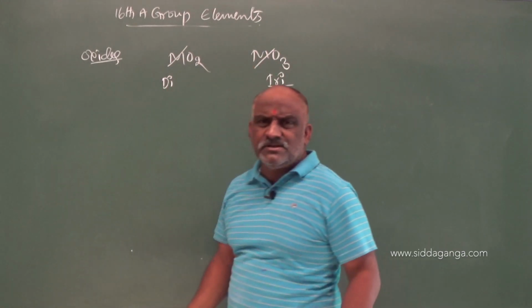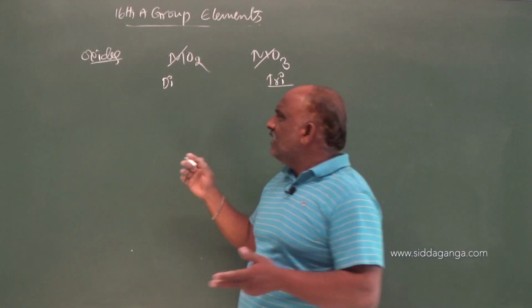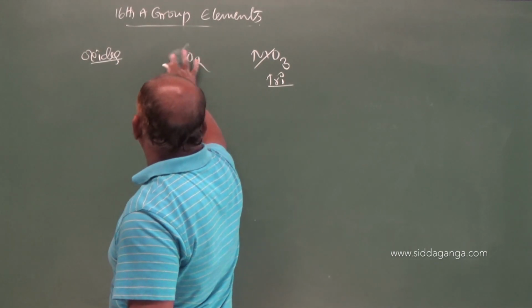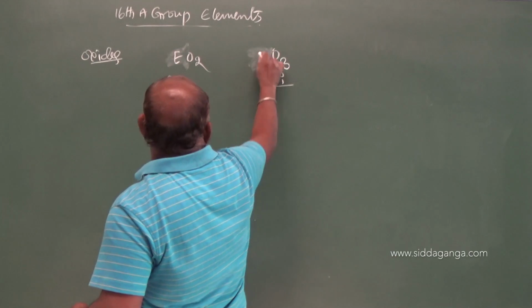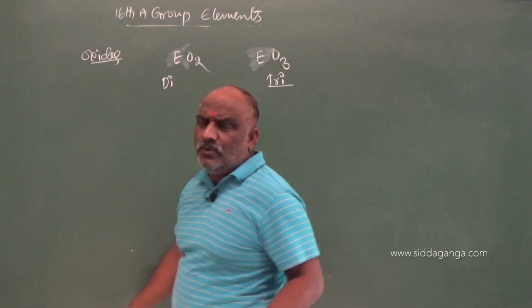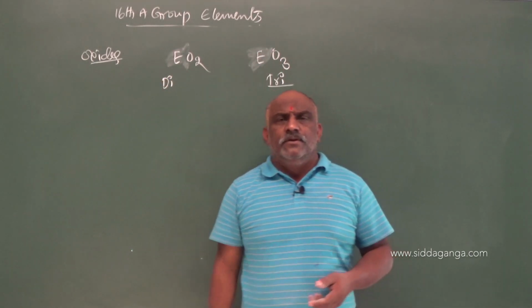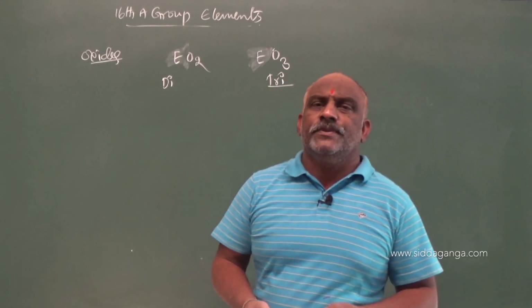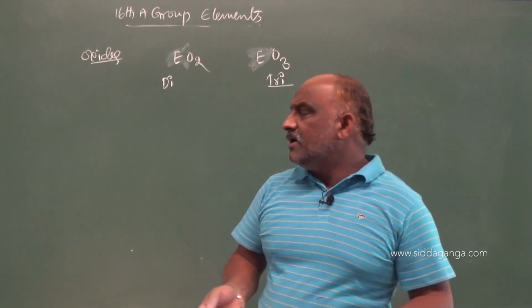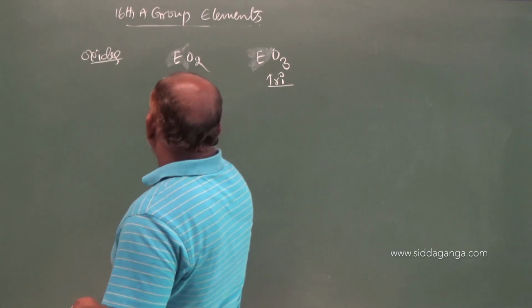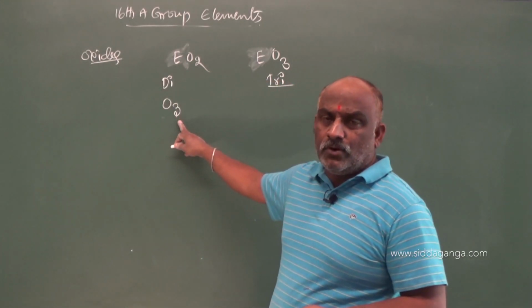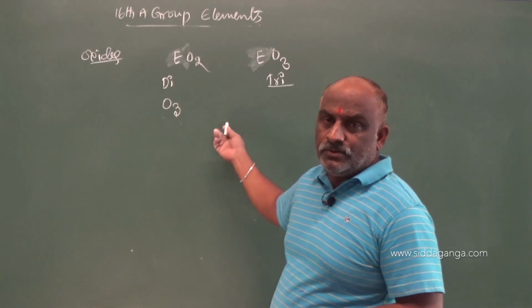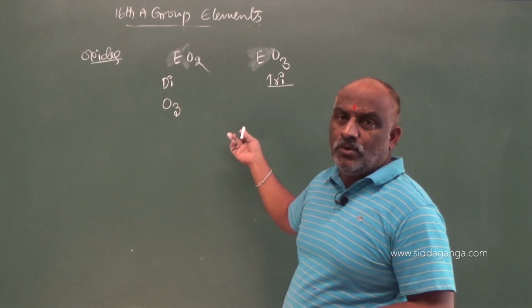Generally we consider M as metal, but here don't use M; instead take E, as in EO2, because these are non-metals with more electronegativity compared to metals. So, dioxides and trioxides.